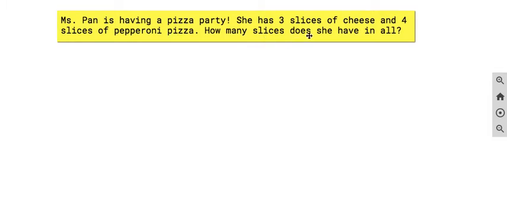How many slices does she have in all? There are those words again, in all. So this is an addition problem, and we know that our answer will be more than 3 and more than 4. Take a moment to figure out how you can represent this problem using pictures, labeled with numbers, and use an equation.